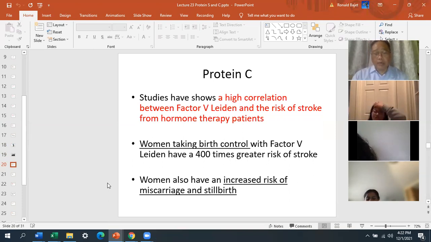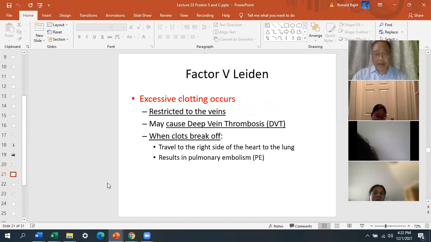Women taking birth control with factor V Leiden have a 400 times greater risk of getting a stroke. Women also have an increased risk of miscarriage and stillbirth if you have the factor V Leiden condition. So with excessive factor V Leiden, you have excessive clotting, okay? Again, a hypercoagulability condition.